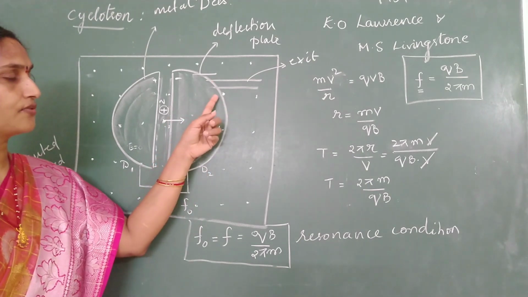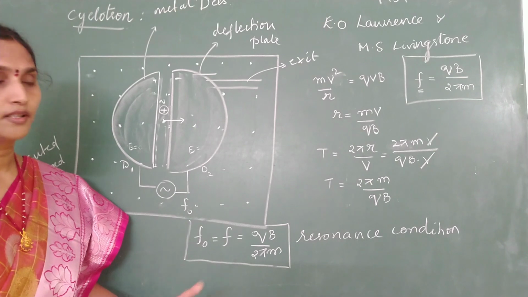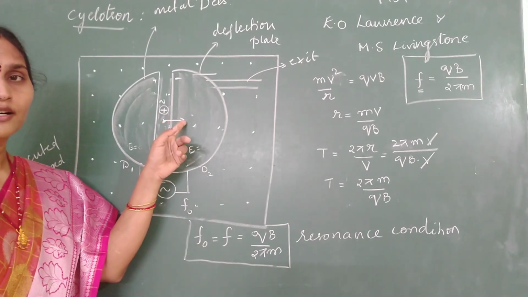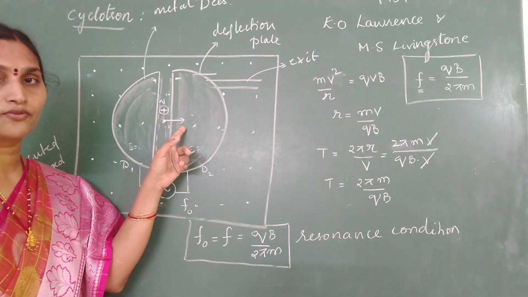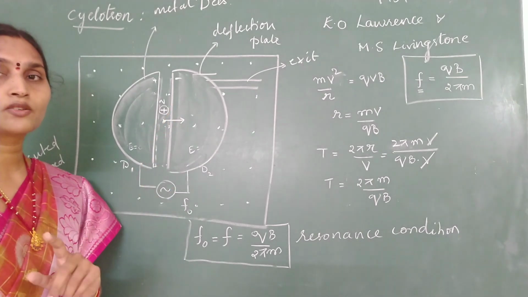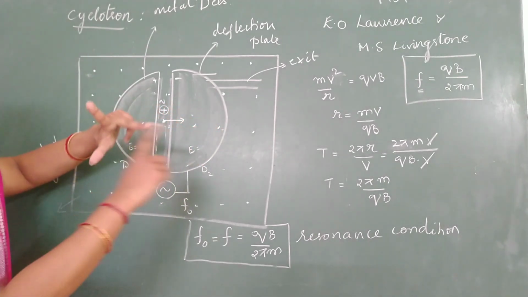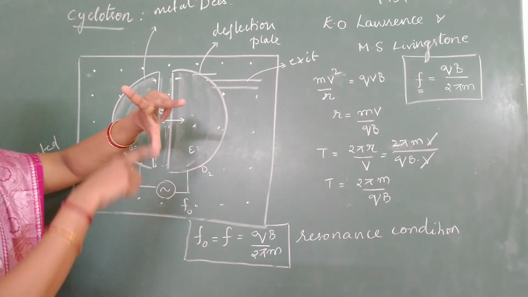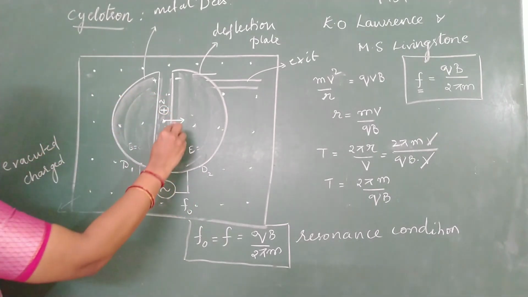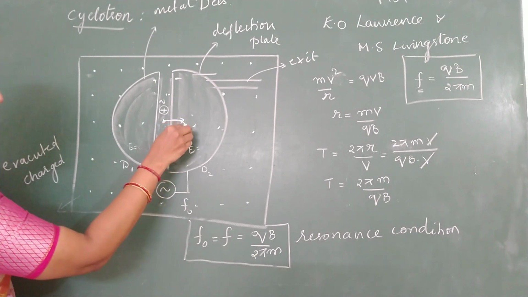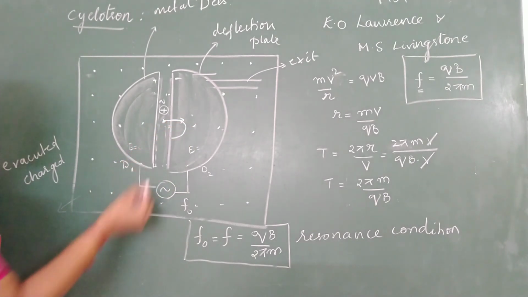But there is a magnetic field perpendicular to the plane of the board. Now this particle is going to experience a magnetic force. Identify the direction of the magnetic force. Field is outward, velocity is horizontal, thumb is pointing downward. So this particle would move down and take a circular path.